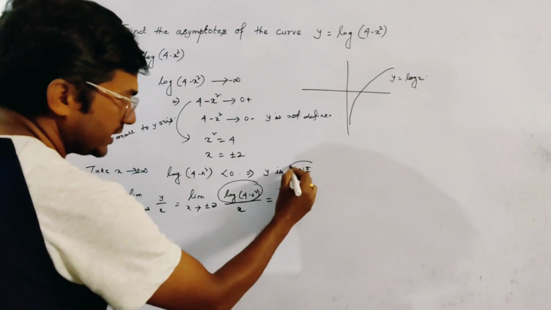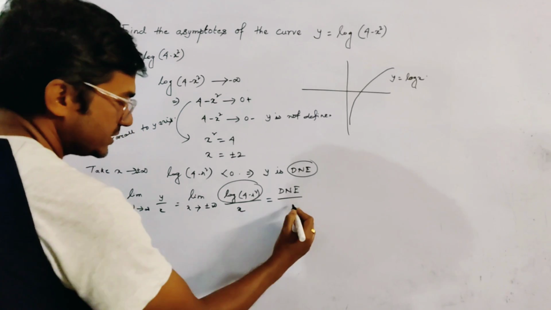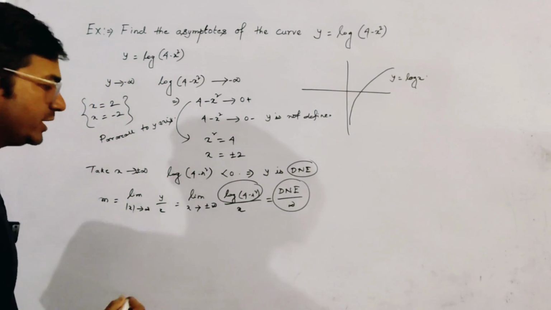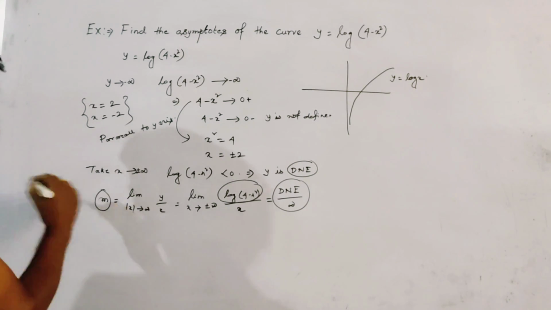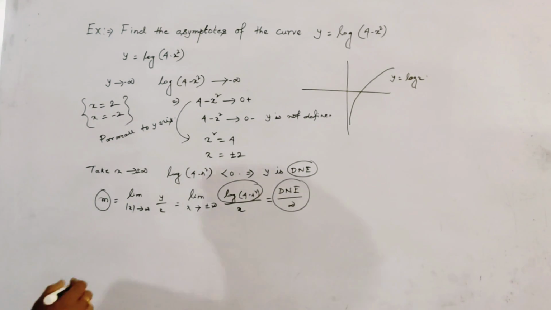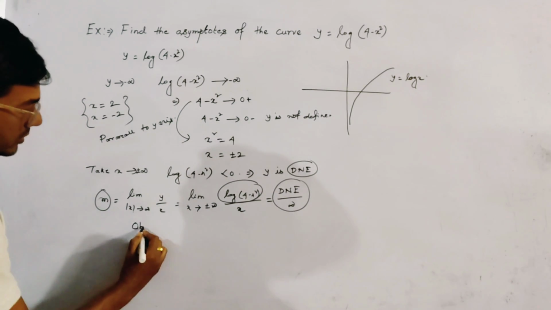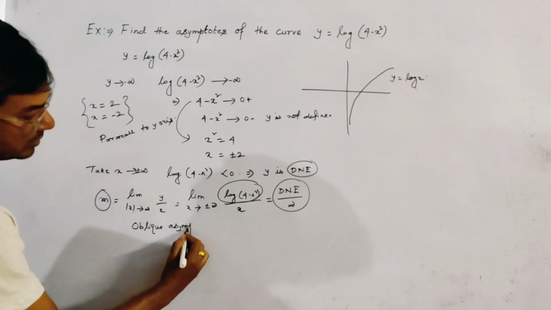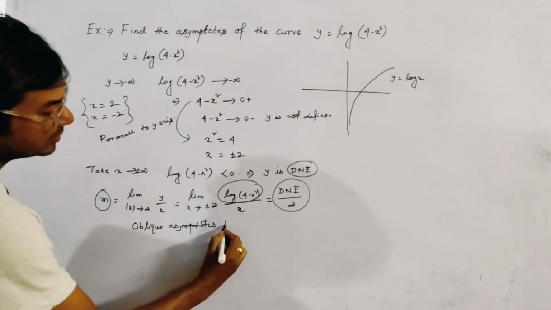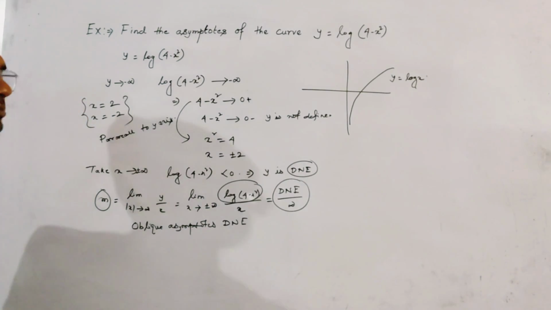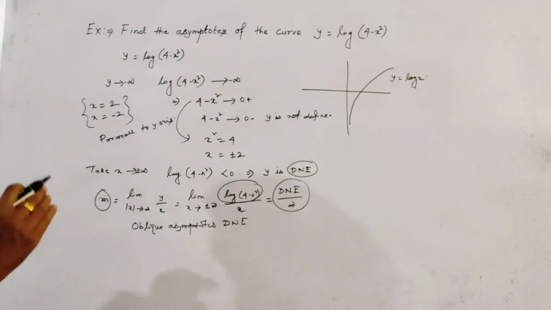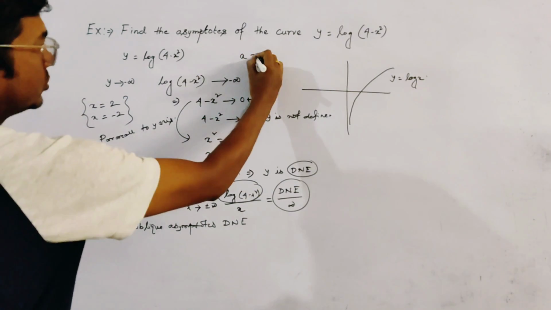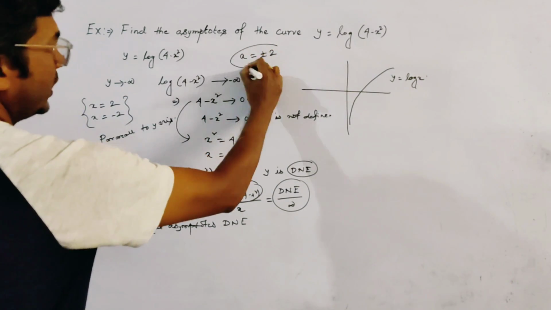We already said in this case this is infinity, so the limit does not exist. So we cannot find the value of m, so the oblique asymptote does not exist for this curve. So only two asymptotes of this curve are x equal to plus minus 2, and this is our answer.